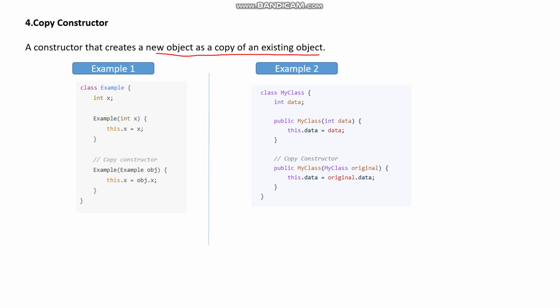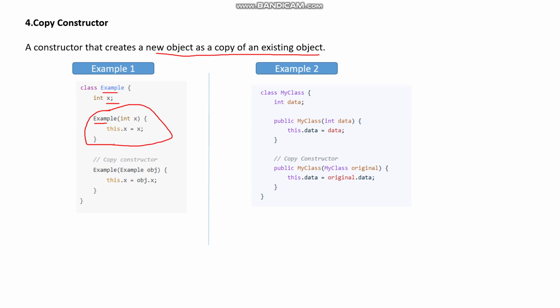Now see this one, class Example. The class name is Example. Integer x is the instance variable. The constructor is Example(int x). Whatever x we pass here is stored in this.x. This part is called the parameterized constructor.